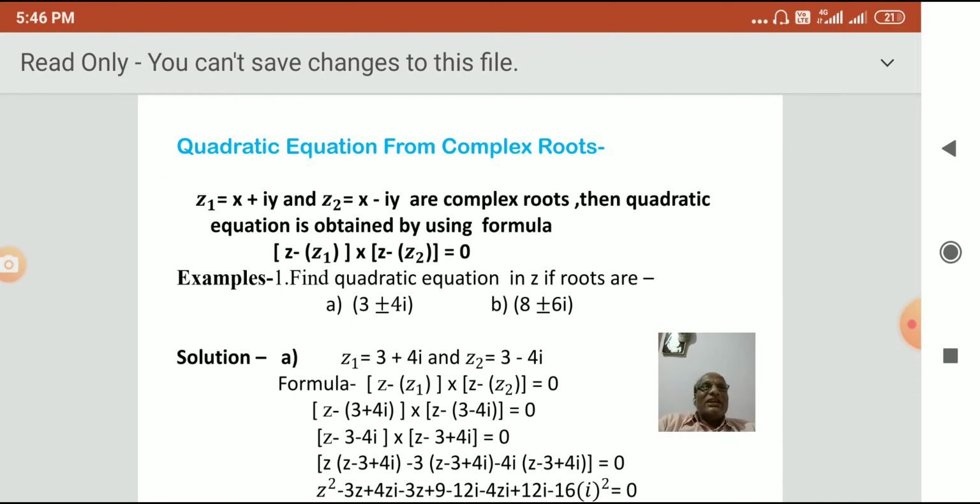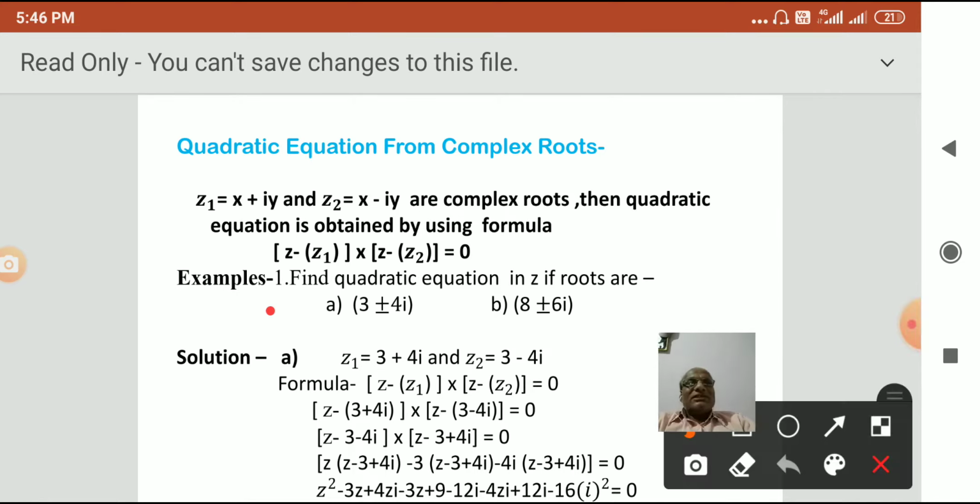So let us take the first example, that is complex roots are given as 3 plus or minus 4i, meaning they have given us two roots. First is 3 plus 4i and second is 3 minus 4i. So for simplicity we take the first complex root z1 equal to 3 plus 4i and the second complex root z2 equal to 3 minus 4i.